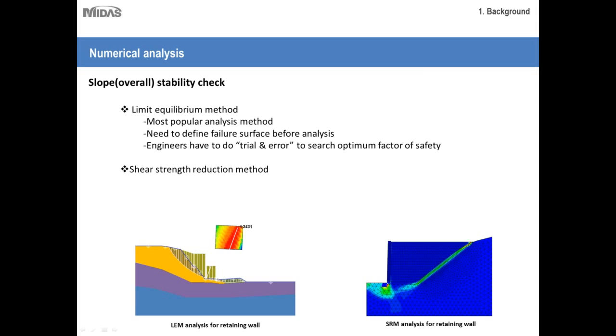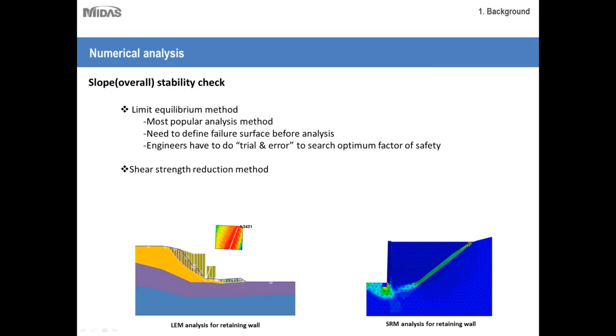As it lowers the shear strength, it hits a point where the entire slope is mobilized, and at that point it clearly shows that the maximum deformation occurs at this particular layer, and therefore you can easily assess when the failure will occur and what the failure plane will be.